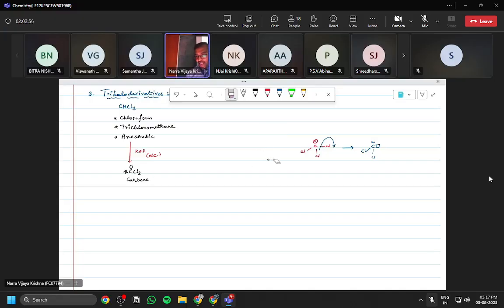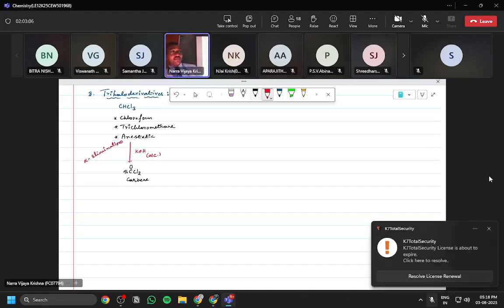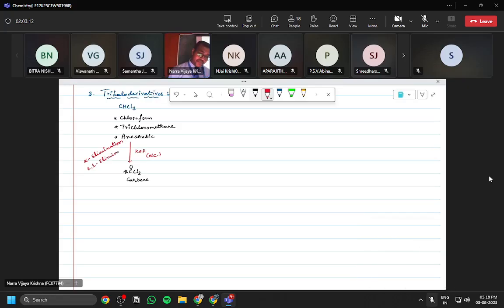What type of elimination is it called? Can I call this alpha elimination? Because both hydrogen and halogen are lost from the same carbon. Or we can call it 1,1 elimination. Alpha elimination, or can I call it 1,1 elimination? H is gone from the first carbon, chlorine is also gone from the first carbon.